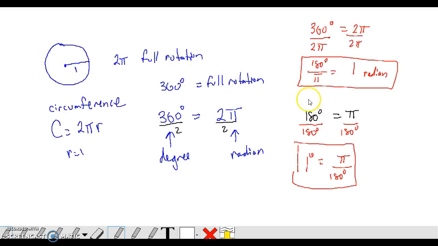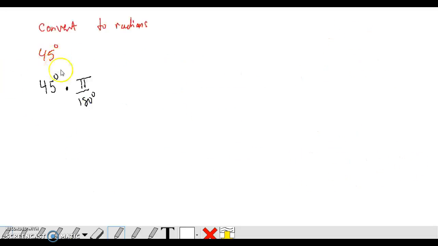If we remember, 1 degree is pi over 180, which means 2 degrees would be pi over 180 plus pi over 180. 3 degrees, 4 degrees, and so forth. So instead of adding up all those numbers, we're just going to multiply.